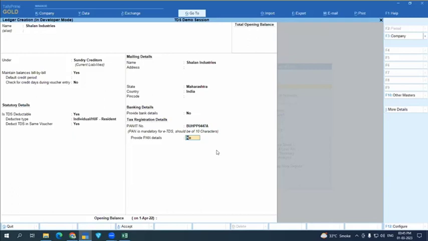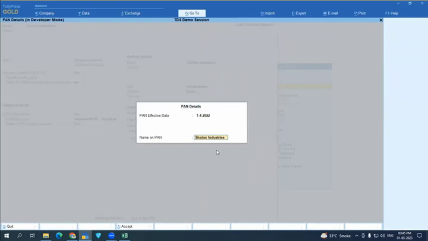Then what happens while reconciling? It is confusing which party is the one having the PAN number. So here you can press yes, and here you can change the name on PAN. It means Samruddhi Industries may have 4 different PAN numbers because they have 4 different proprietorships. So which proprietorship is which ledger? You can put the name here and, most important, the PAN.